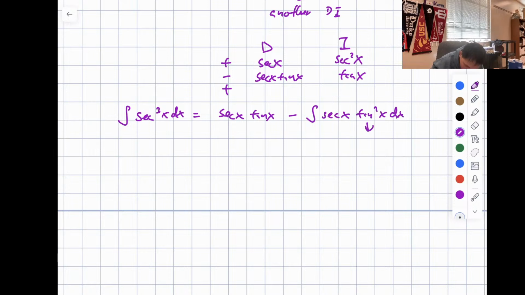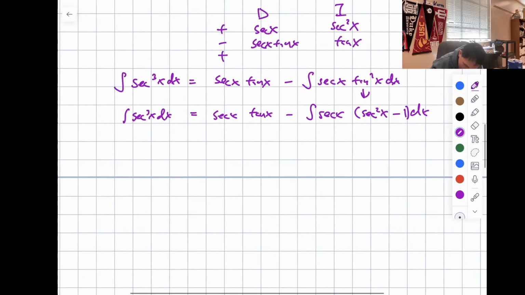And we know tangent squared of x is secant squared minus 1. Secant of x times secant squared of x minus 1 dx. Do you see the repeating situation? We need to do this a third time. No, this is the last time.